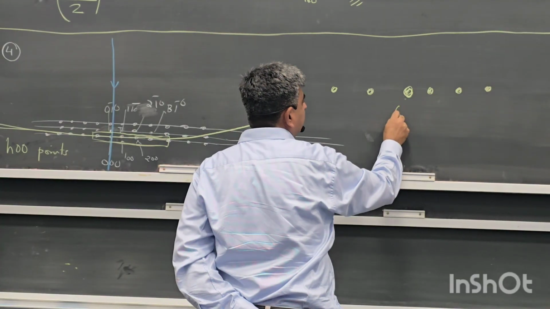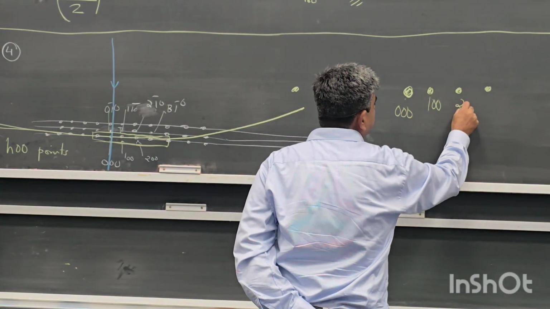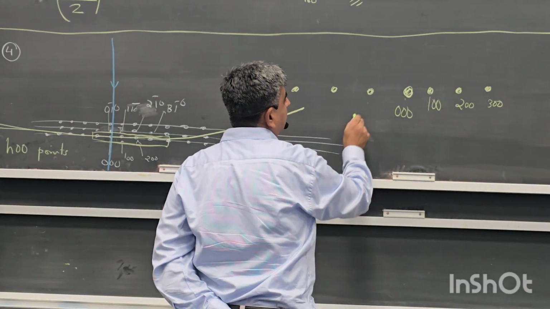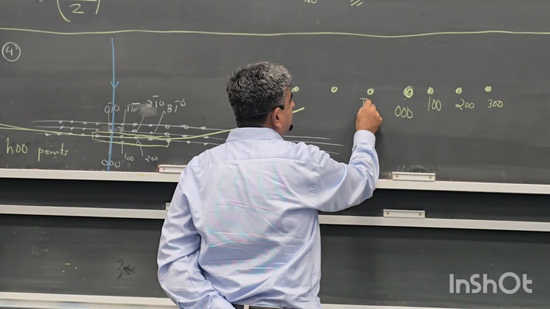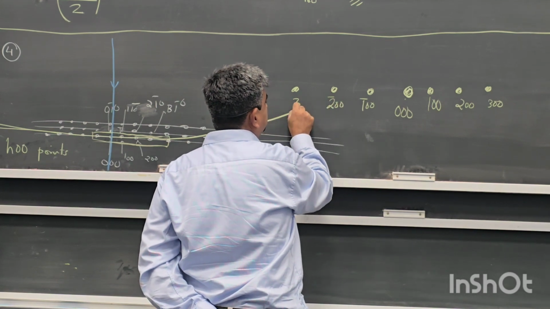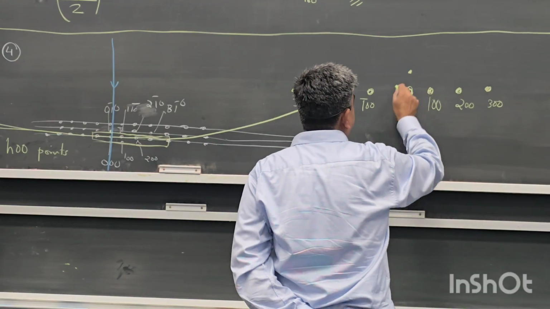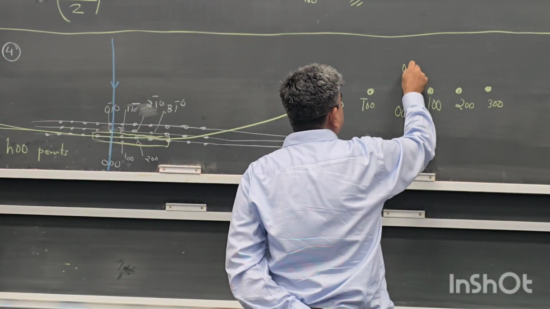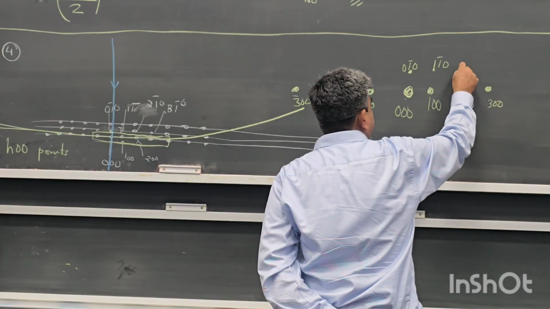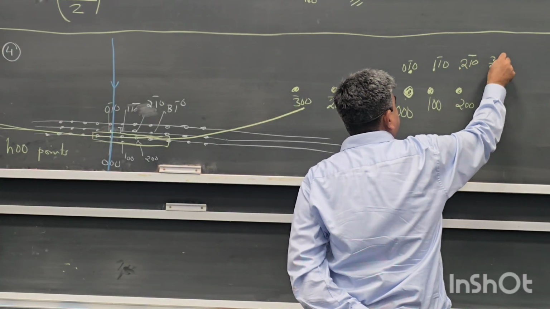So this point could be 0 0 0, this point could be 1 0 0, 2 0 0, 3 0 0, 1 bar 0 0, 2 bar 0 0, 3 bar 0 0. I will get a point here which is 0 1 bar 0, 1 1 bar 0, 2 1 bar 0, 3 1 bar 0.